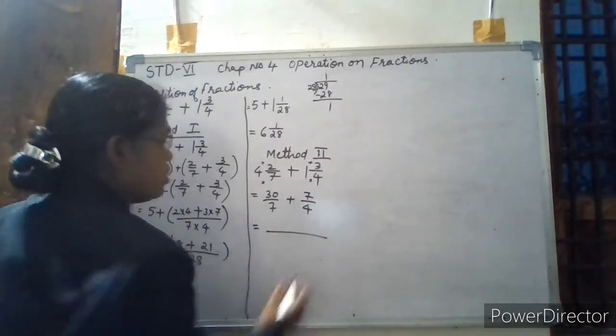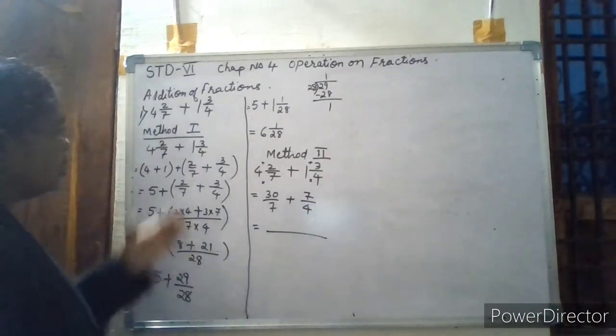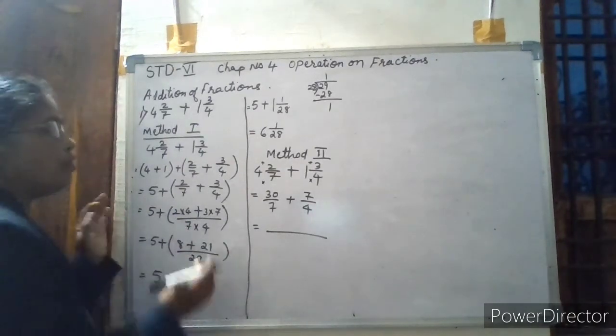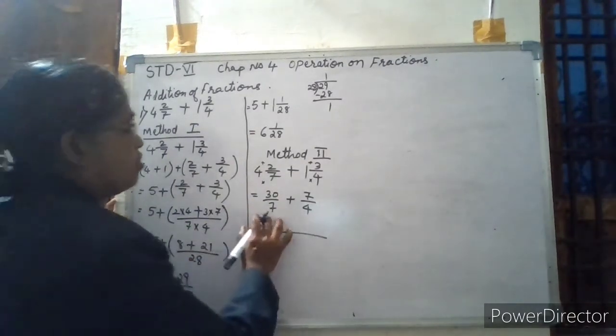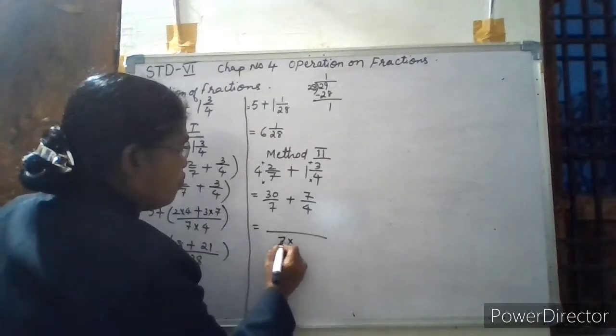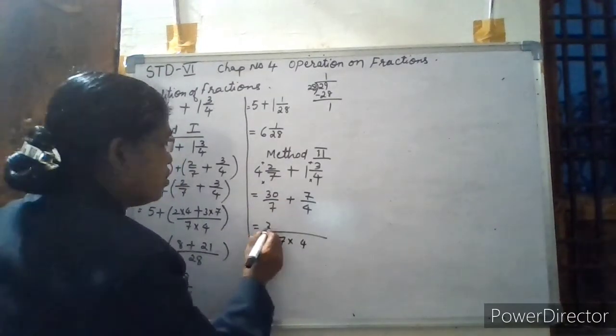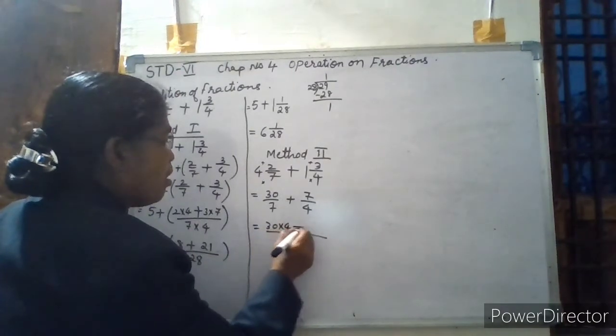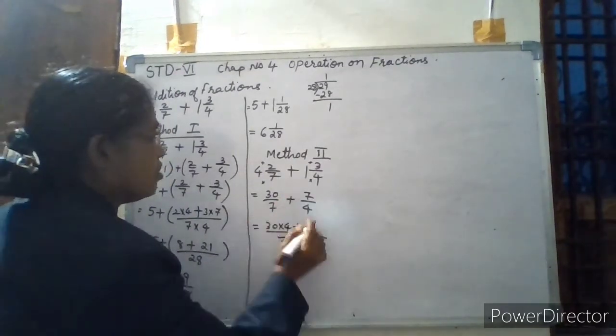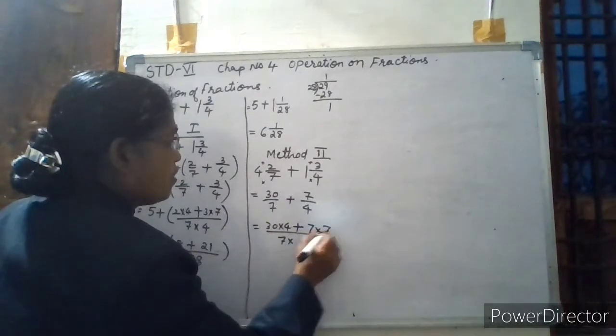Now directly, just as we have done cross multiplication here, the same way we will do cross multiplication. So 7 into 4, then do this cross: 30 into 4, plus sign in the middle, then 7 into 7.